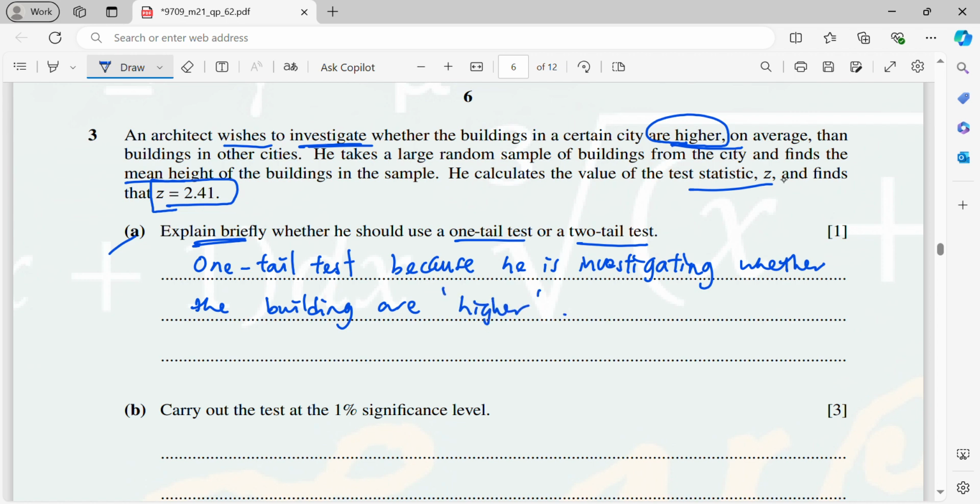So when higher or less or more, it will be a one-tailed test. So that's the explanation.